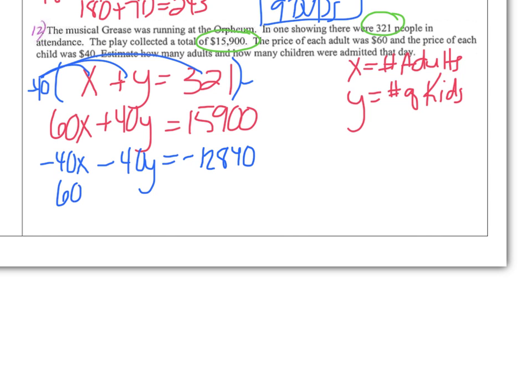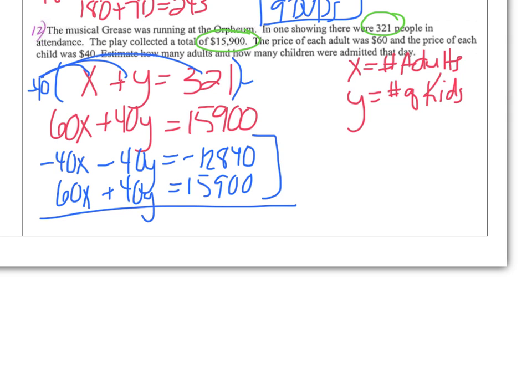And then don't forget to rewrite the second equation. Now when we combine these two equations and add down, we're going to end up with 20 x's. The y's fall out. And then this side over here is going to equal 3,060.